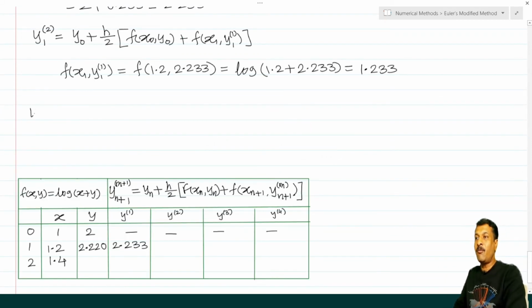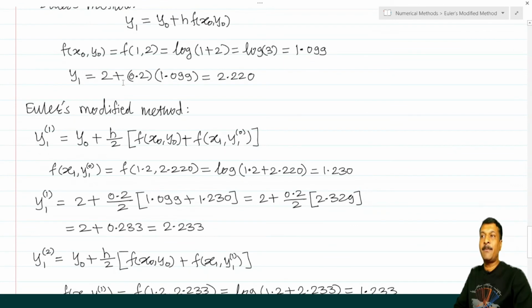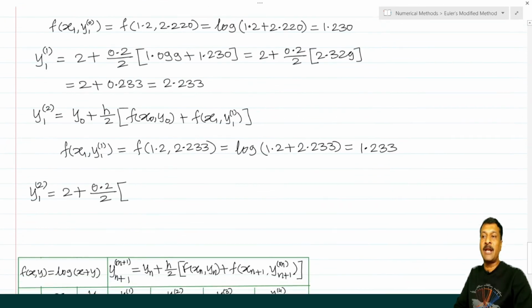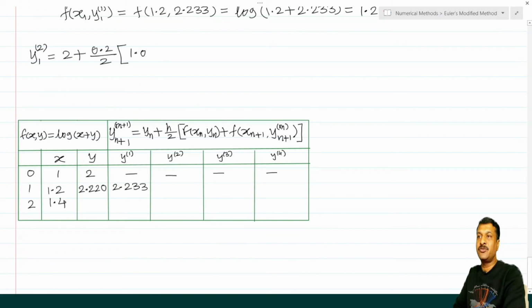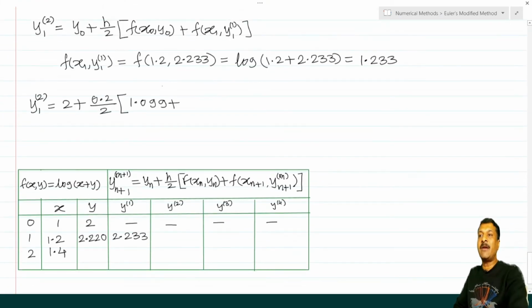So by this value I can improve the value. So that is the y1 at second position. All values we have: y0 is nothing but 2 plus h 0.2 by 2 f of x0 y0. So here f of x0 y0 is 1.099 plus f of x1 y1 at recent, that is 1.233.